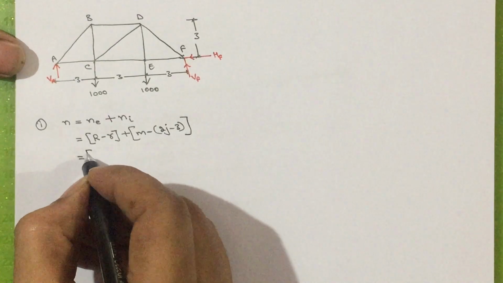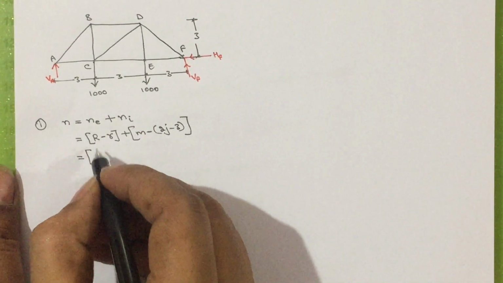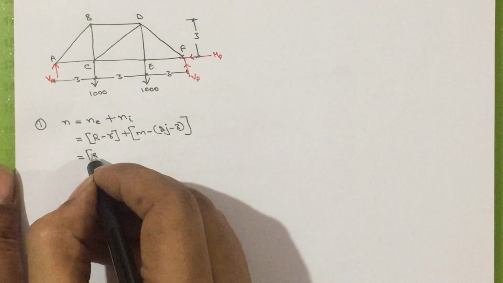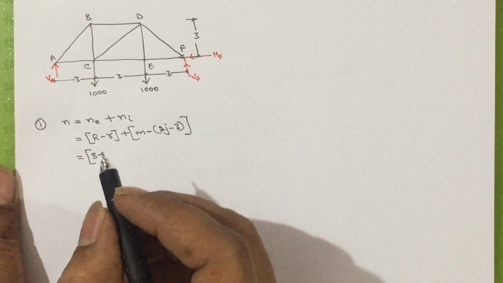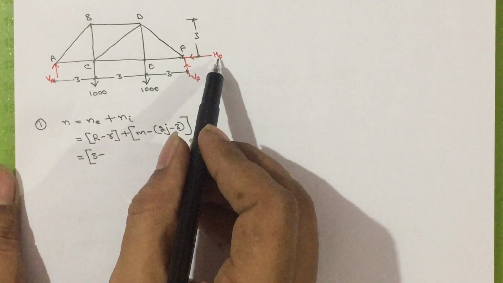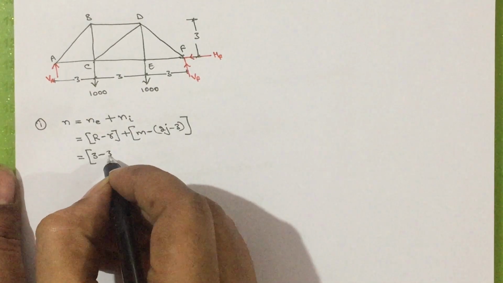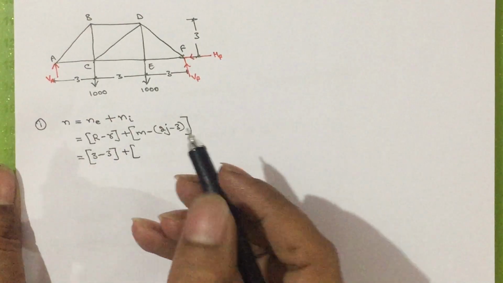Now, capital R is the number of available equilibrium equations. We have 3 equilibrium equations. Small r is the number of unknown reactions at the supports. So VA, VF and HF, there are 3 unknown reactions, plus m is the number of members.